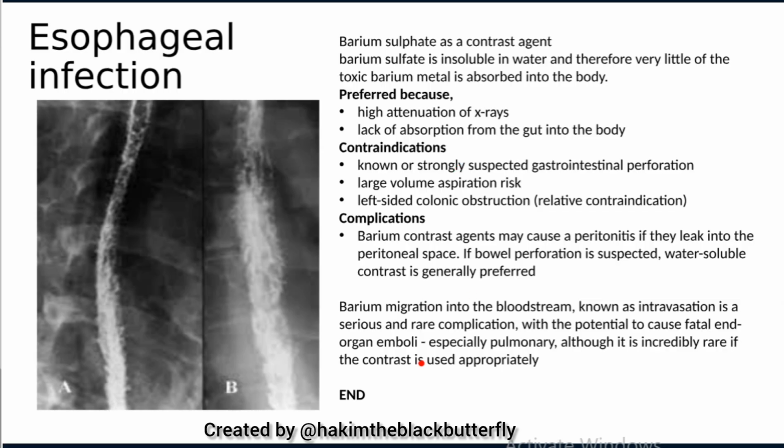Remember when aspiration occurs, the contrast will go into the lungs, the primary bronchus and everything. If it goes there, it can cause blockage of the alveoli, and that will prevent proper gaseous exchange.